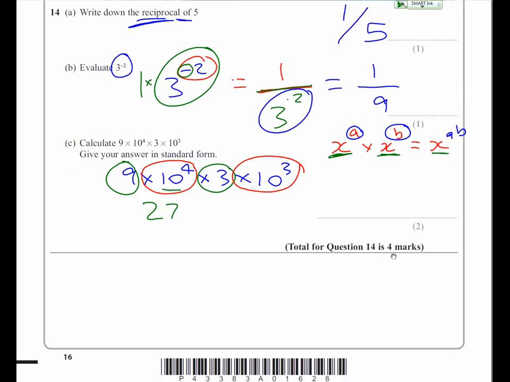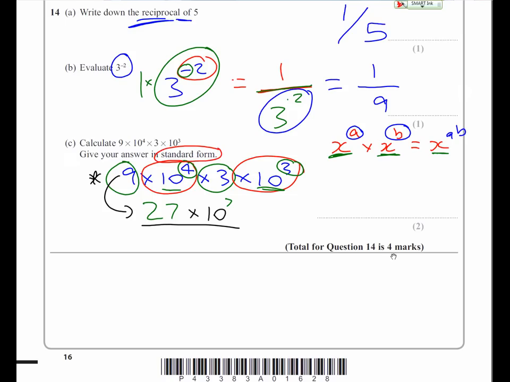So our number 10 is going to stay the same, and the power is going to be 4 add 3. 4 add 3 is 7. So this is another way to write this. However, it's not in standard form. So that's going to give you 1 mark.